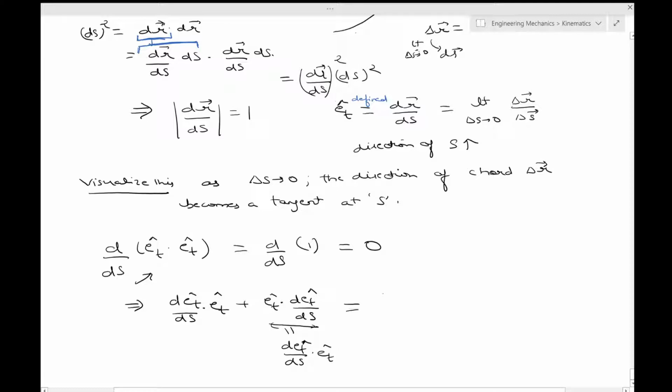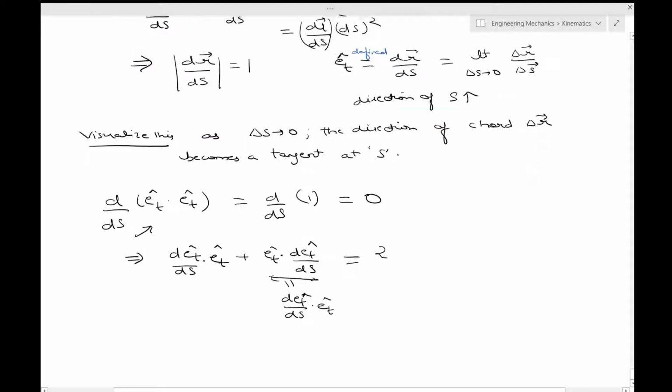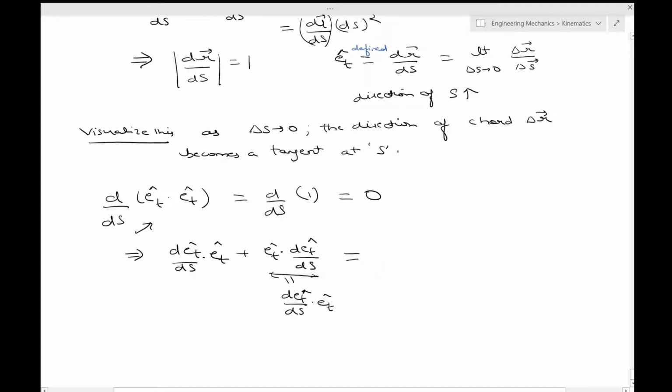So overall this becomes 2 times det hat by ds dot et hat equal to 0. And this is 0 because you have already shown this to be a 0. What would this imply?